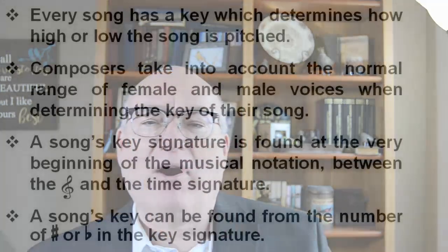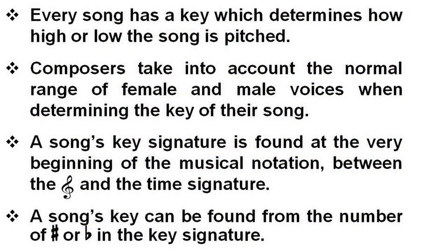Now you know how to find the key from looking at the key signature. Let's review what we've learned so far. Every song has a key which determines how high or low the song is pitched on the staff. And composers take into account the highest notes and the lowest notes in their song, making sure they're not too high or too low by pitching it to a certain key.